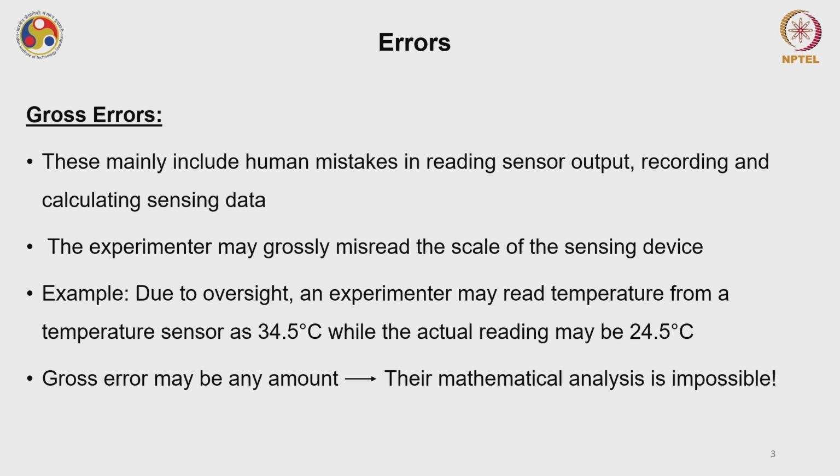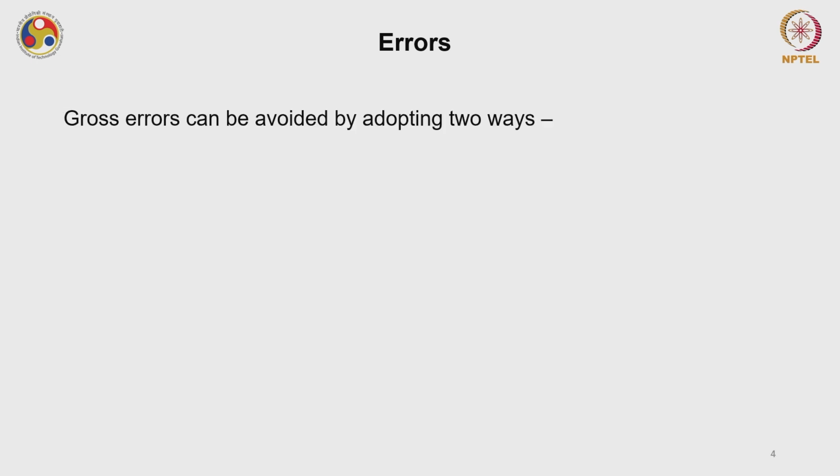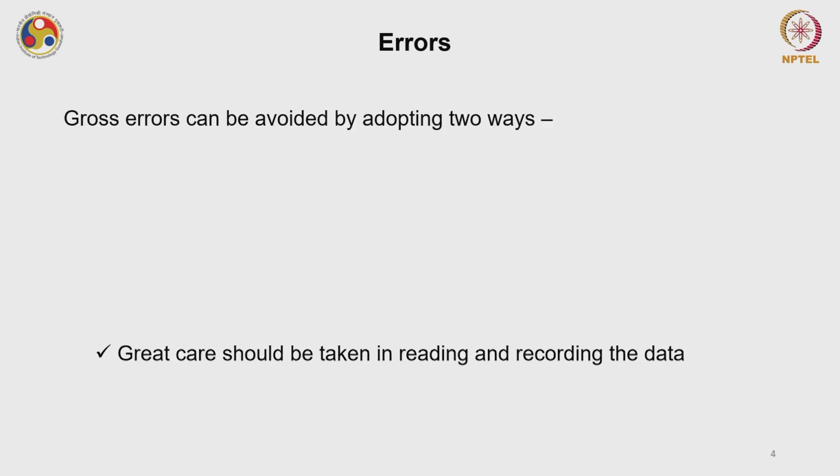Gross errors, you cannot say what amount they will be, they can be of any quantity, because you never know whether the person is reading this 3 as 8 or as 2. So, it is really impossible to find out what value he is going to read. Their mathematical analysis is impossible because it is totally a random event. Gross error can be avoided in two ways.